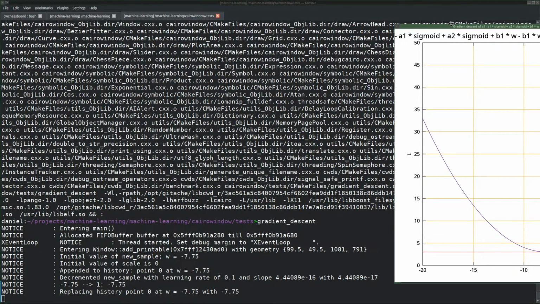Oh. Really? I'm looking here and it seems to be very small, but not less than 10 to the power minus 30. Yeah, this is not working.